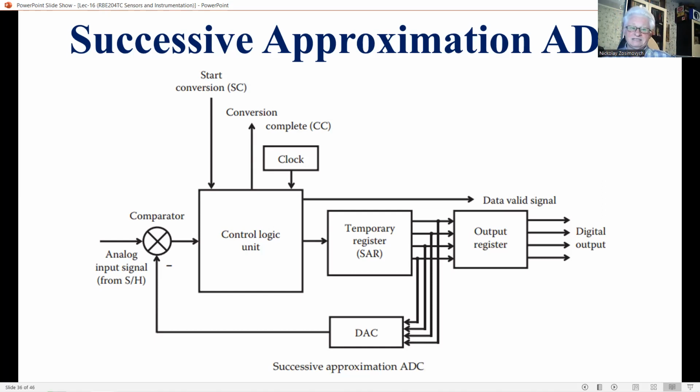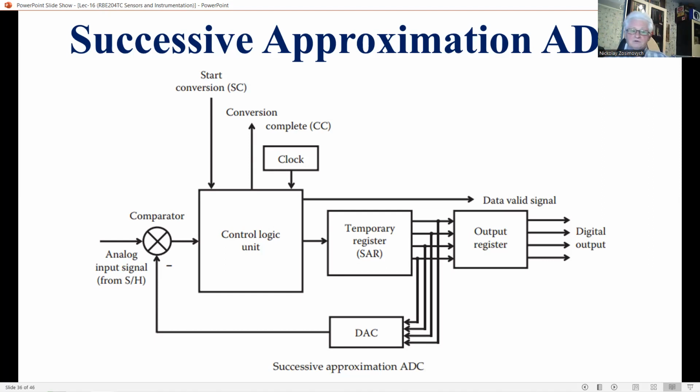The second approximation will start at another clock pulse. This approximation will consider the second most significant bit of the temporary register. In this manner, all bits in the temporary register are set successively, starting from the most significant bit and ending with the LSB.